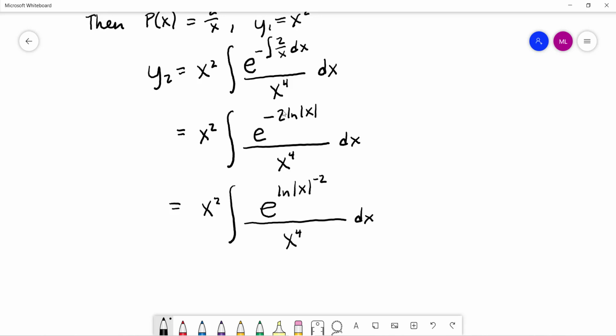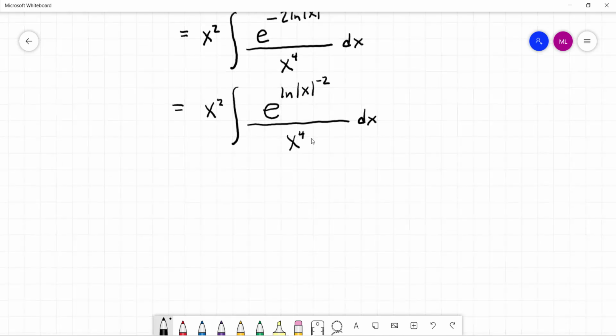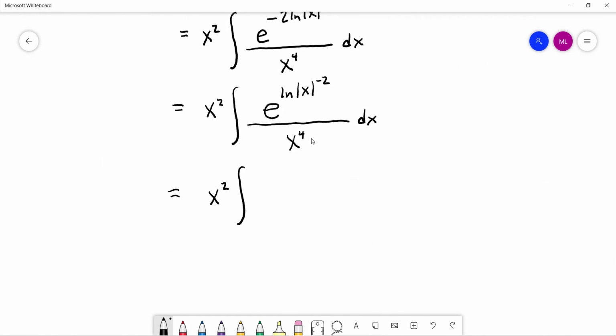My log rules, this thing out in front of the log can come up and become the power of the argument. We've got e to the natural log. That's going to cancel. So I've got my x squared times the integral of, now I just have basically absolute value of x to the negative 2 over x to the 4th dx.